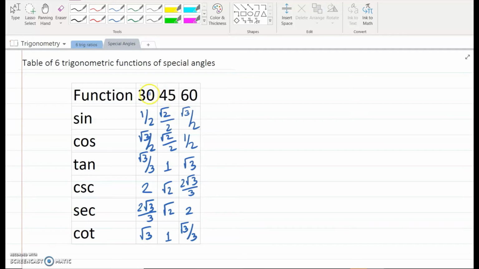So for instance, if you have a 30-60, you know the sides: the opposite of 30 is 1, then the hypotenuse is 2, and then the other side is square root of 3. For 45, you have the legs 1, 1, and then the hypotenuse is square root of 2.